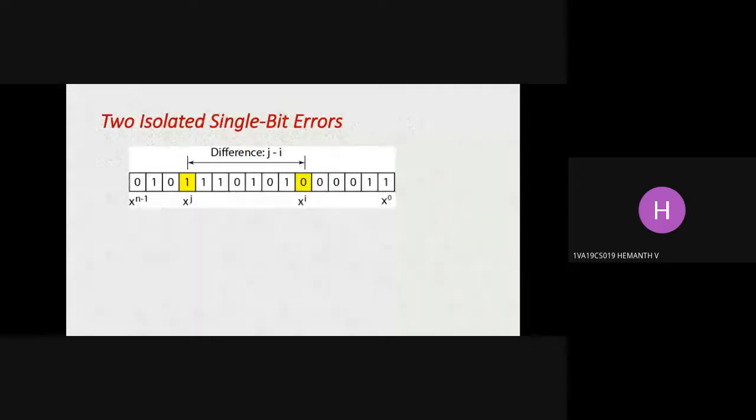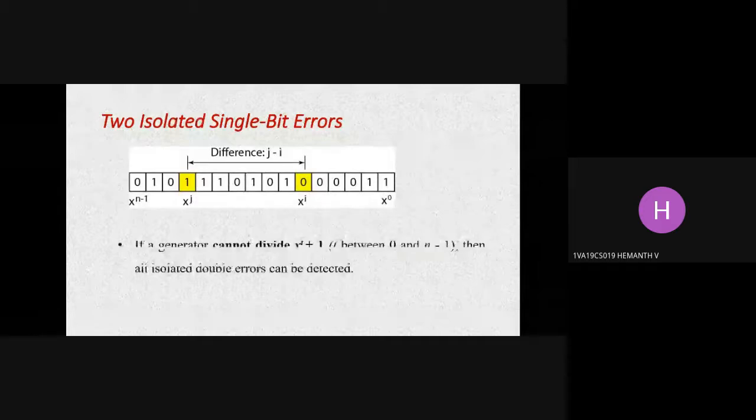In the image, highlighted in yellow, x power of j and x power of i are two single bit errors, but they are two isolated single bit errors. Now the question is, will the generator polynomial we consider detect such errors? For that you have to remember, if a generator, what is a generator?